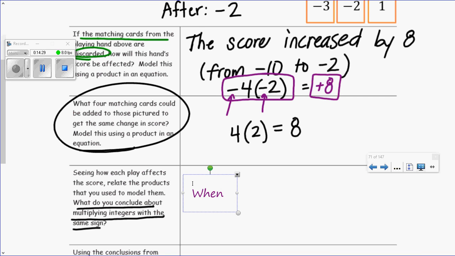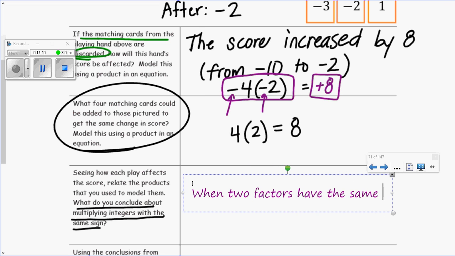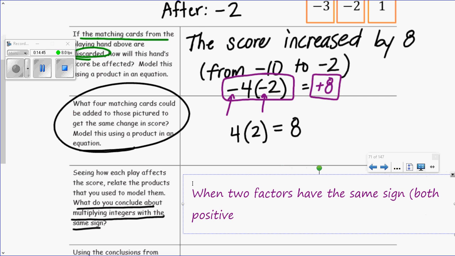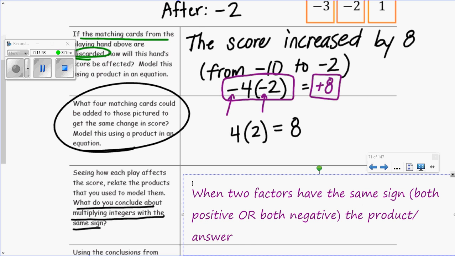When two factors, the numbers being multiplied, have the same sign, both positive or both negative, the product, which is the answer to the multiplication problem, will be positive.